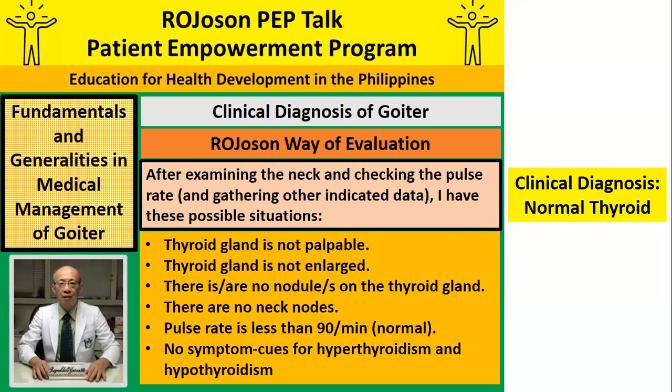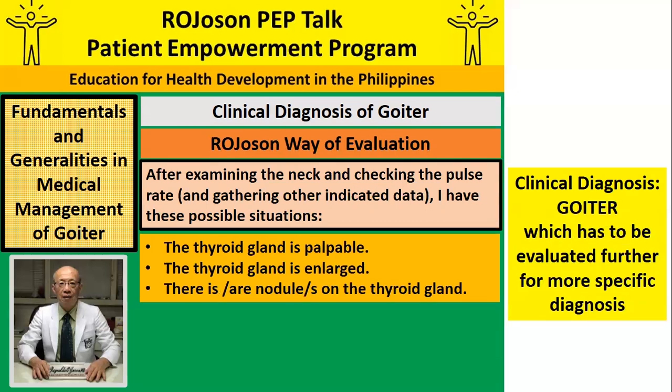So the clinical diagnosis here should be a normal thyroid. Another situation: thyroid gland is palpable, it's enlarged, there are no nodules in the thyroid gland. The clinical diagnosis is goiter, but which has to be evaluated further for a more specific diagnosis.